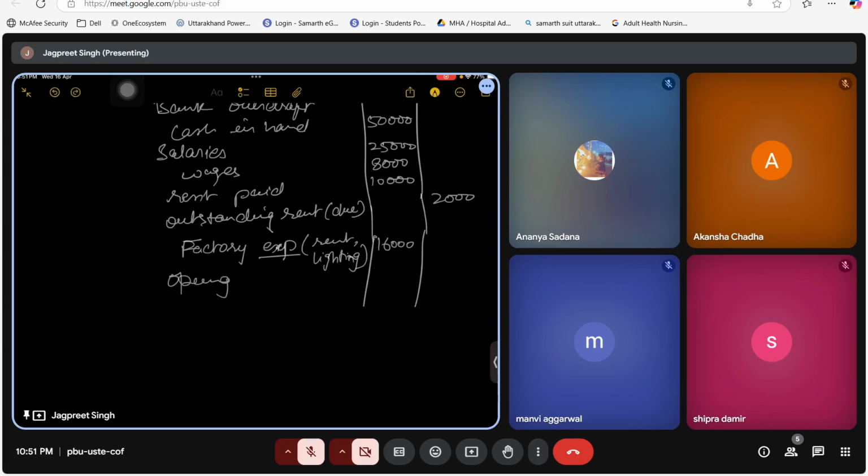Opening stock we have of 35,000 rupees. Apart from that we have advertisement expenses of 11,000.